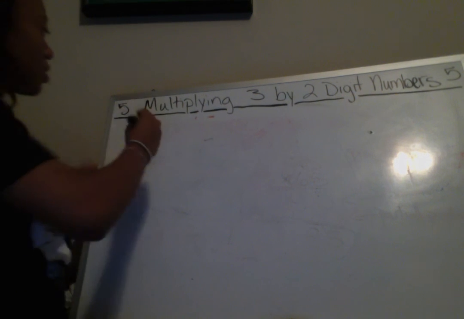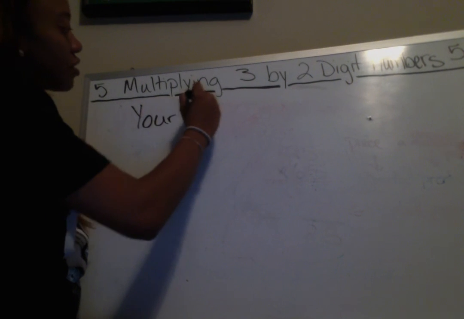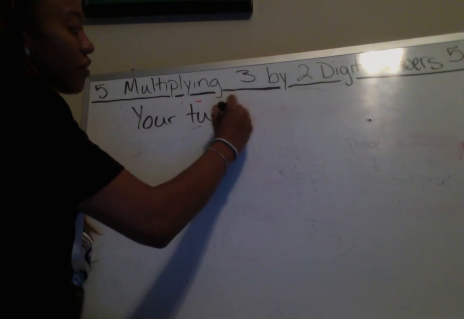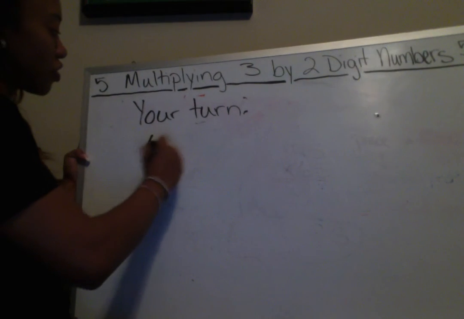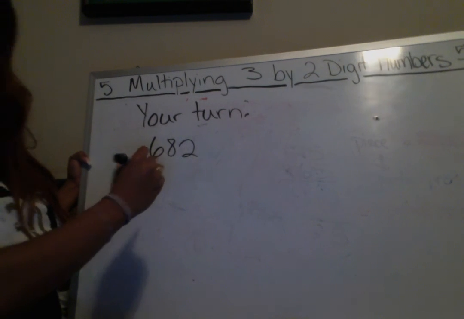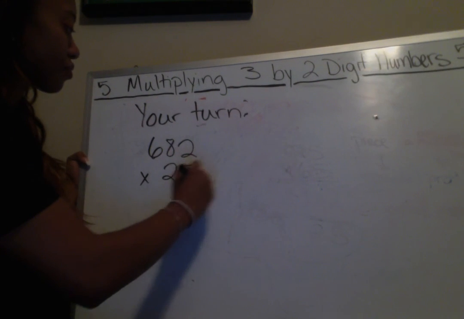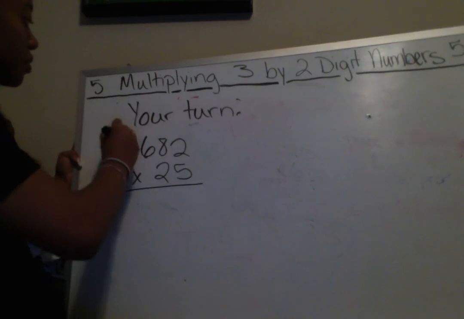First one. I'm going to put this as your turn, since I've done that on the other videos. First one you're going to do is 682 times 25. That's the first one.